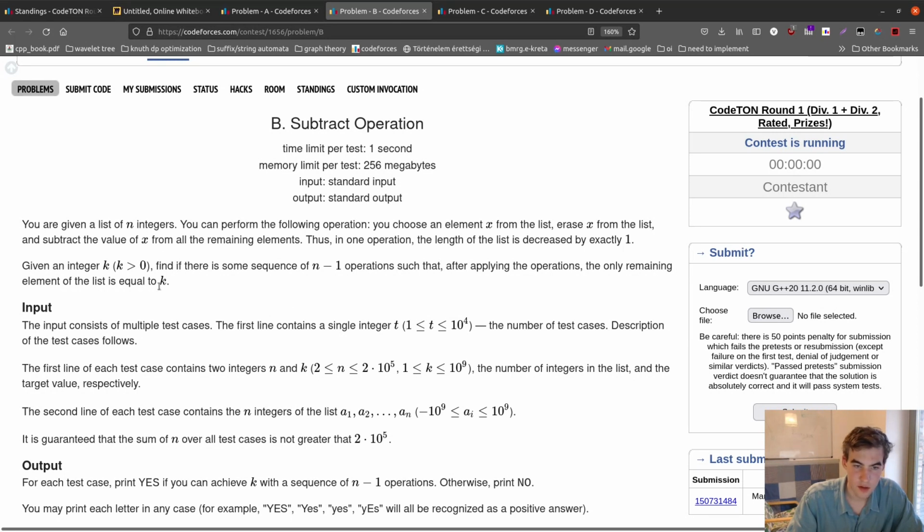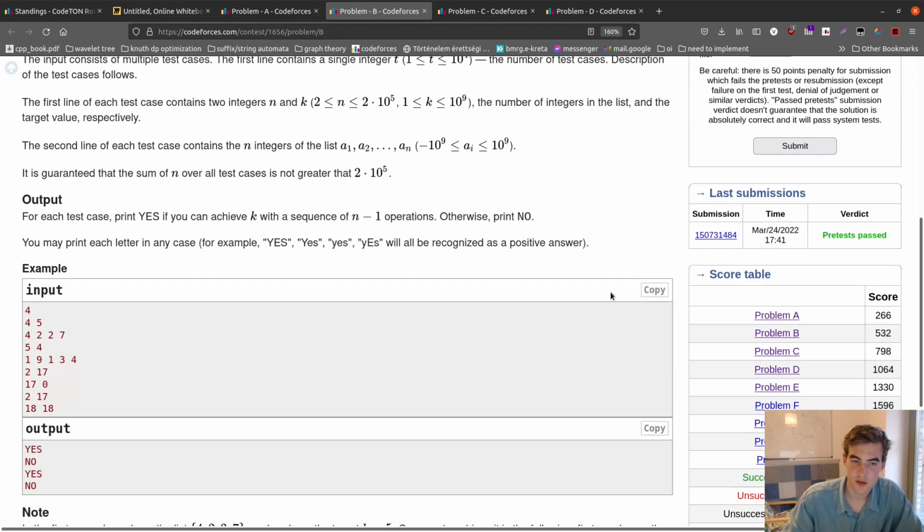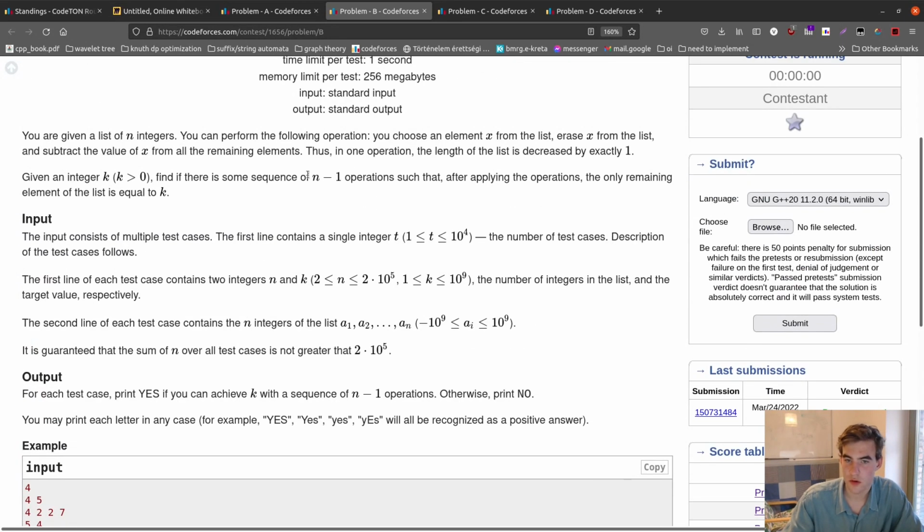We were also given an integer k, and we had to print yes if we can perform n-1 operations and have the last value in the array be k.